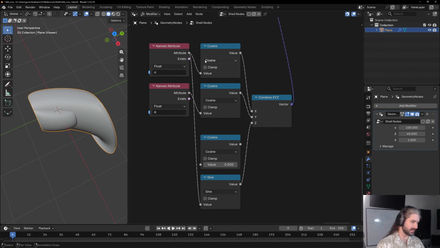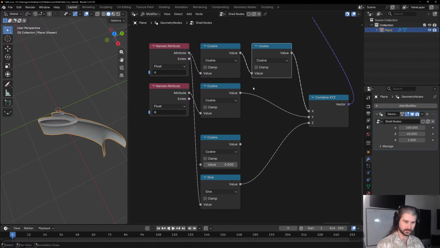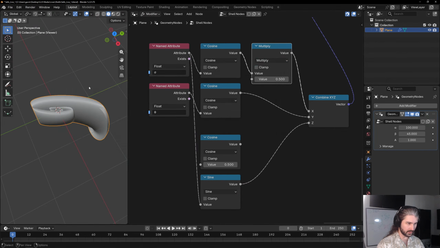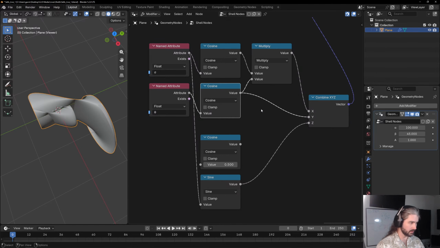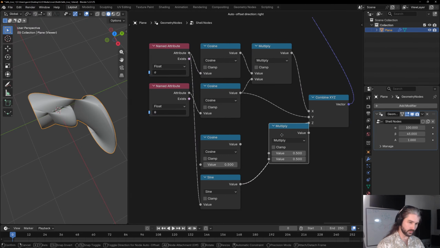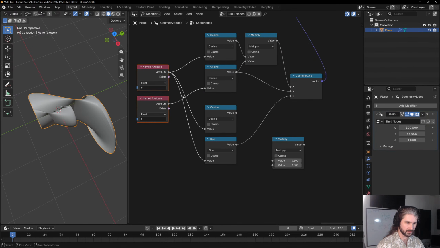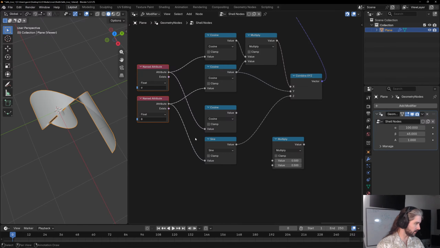Anyway, we're going to take the cosine of sigma, cosine of theta. We're going to multiply those together. Not divide, multiply. There we go. For x, it's going to look crazy for a minute, but we're going to duplicate that same logic for y.